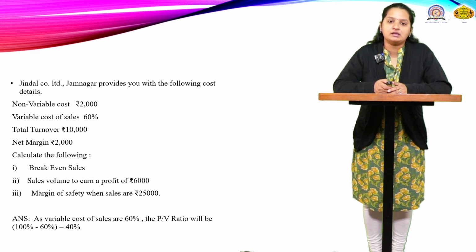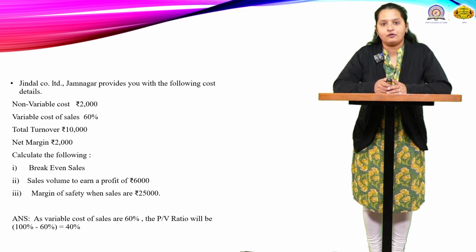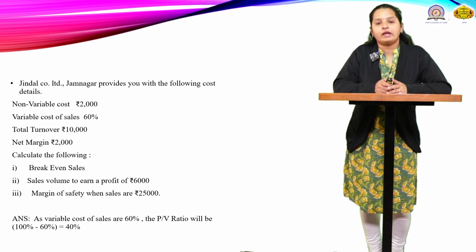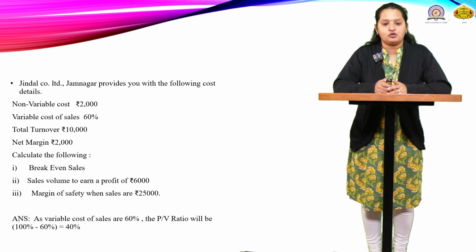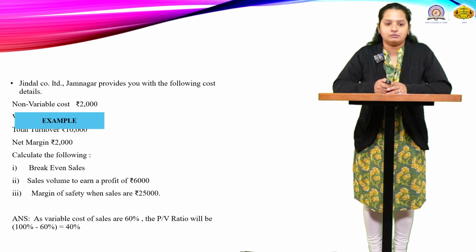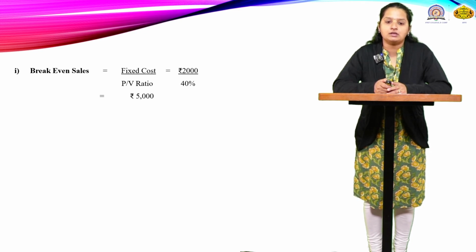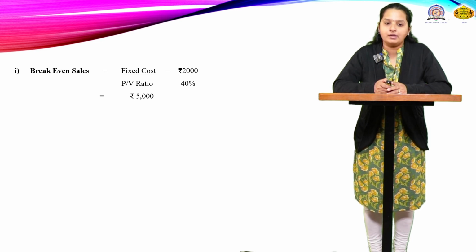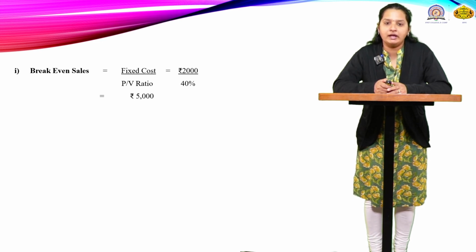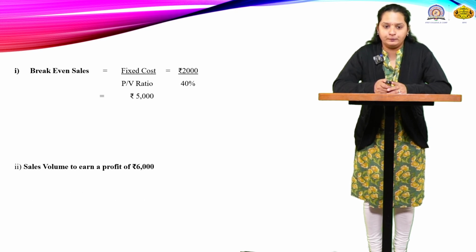So we will assume sales is rupees 100 and we will deduct the variable cost, which is 60%, from this 100%, and in this way we get the profit as 40%. So the PV ratio is 40%. Then break-even sales. To calculate the break-even sales, we know the formula, which is fixed cost upon PV ratio. So we have the fixed cost of rupees 2,000 and the just calculated PV ratio is 40%. So the break-even sales is rupees 5,000.